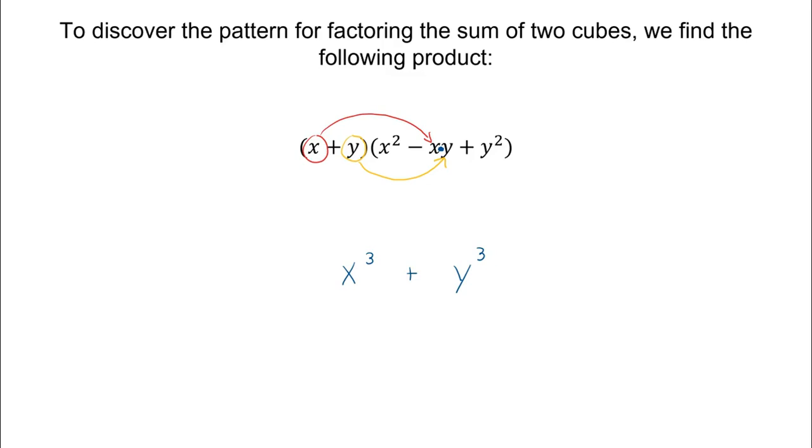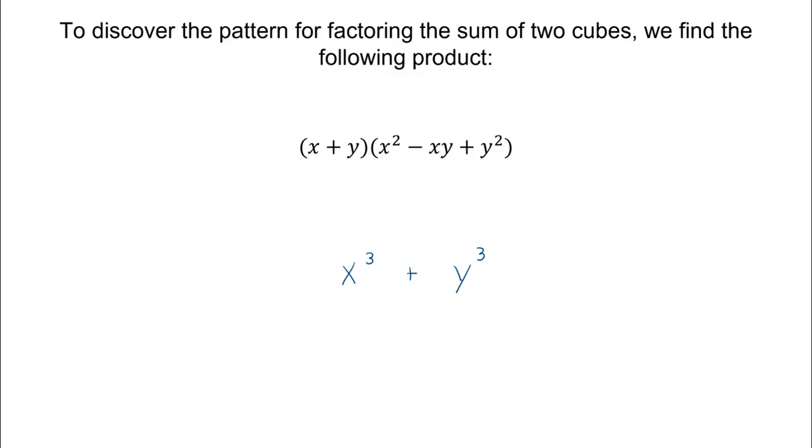Well, we just take the first and second terms from the binomial factor, in this case the x and the y, and multiply them together to get xy. And if we multiply both terms in the binomial factor together, we will always get the second term in the trinomial factor. So there's the pattern for factoring a sum of two perfect cubes.